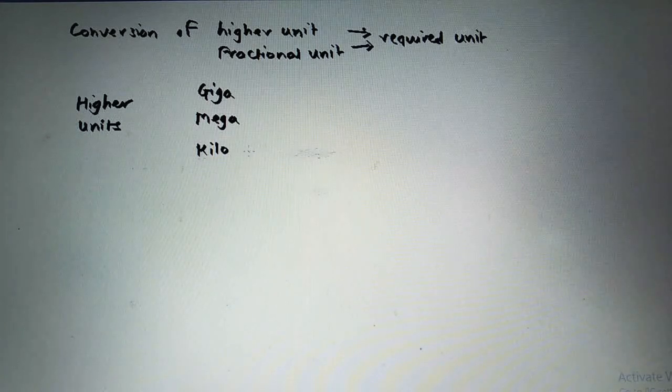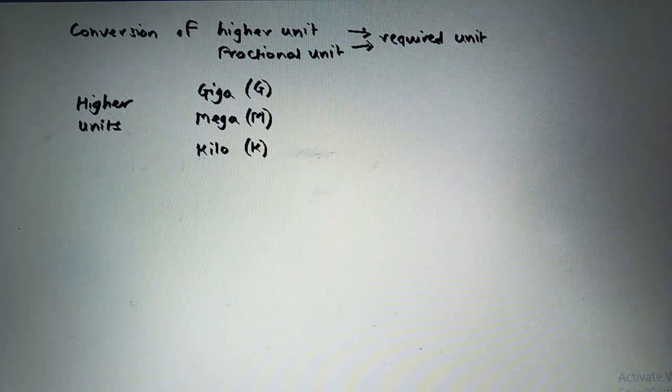The letter symbols for higher units are always capital letters: kilo is capital K, mega is capital M, and giga is capital G. Now if we have to convert these higher units, the unit must be multiplied by 10 to the power.